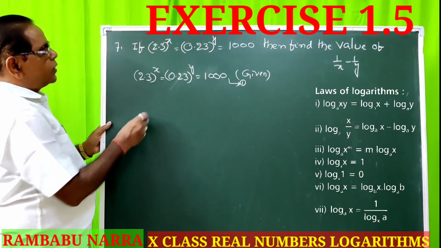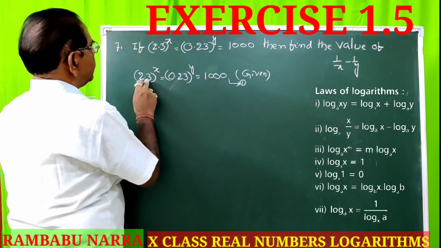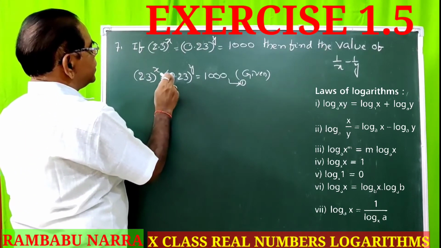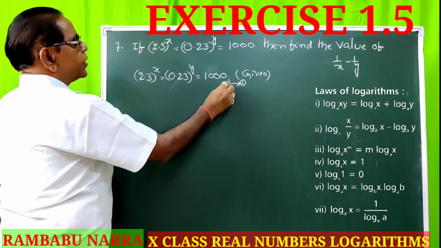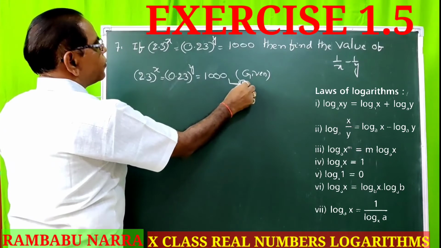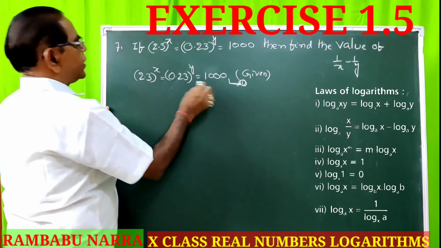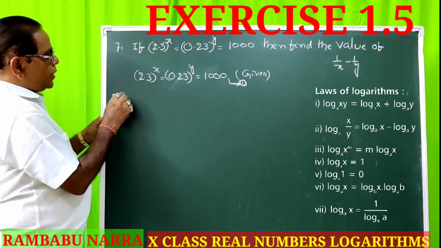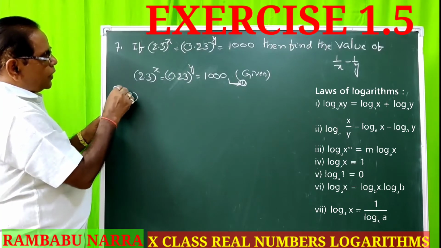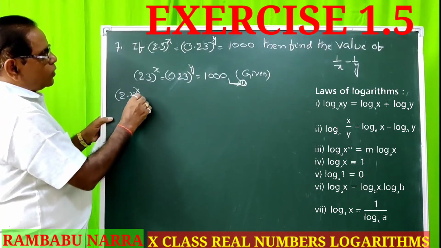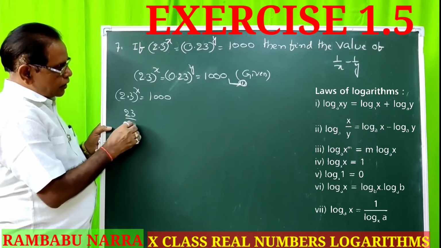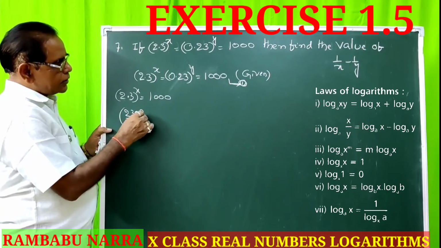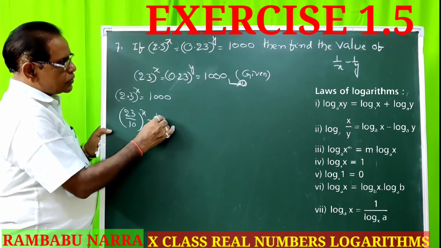So see here. 2.3 to the power of x equals 0.23 to the power of y equals 1000 is given. This is equation number 1. Now take 2.3 to the power of x equal to 1000, so (23 by 10) to the power of x equal to 1000.